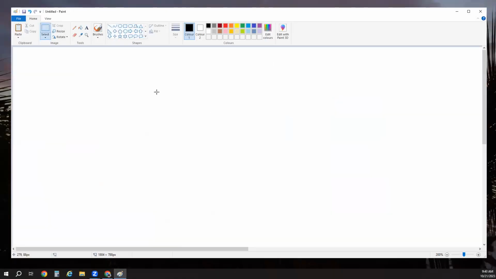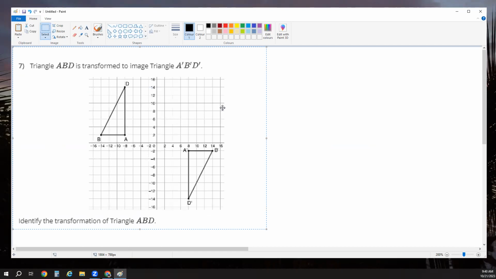Okay. Number 7 here, as we have the triangles, identify the transformation. Well, this is like Groundhog Day here. We have A, B, and D, because why not D? It's C's day off. Okay, so let's just pick one.